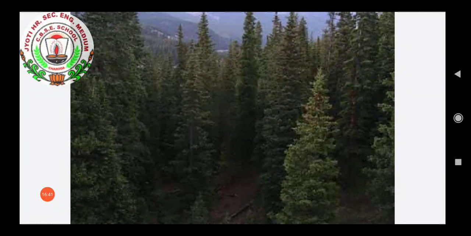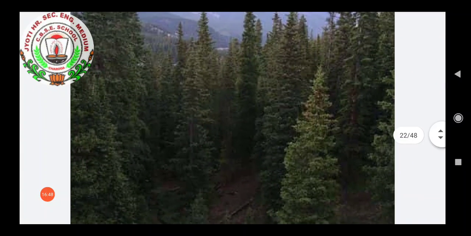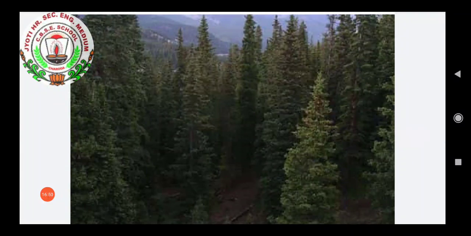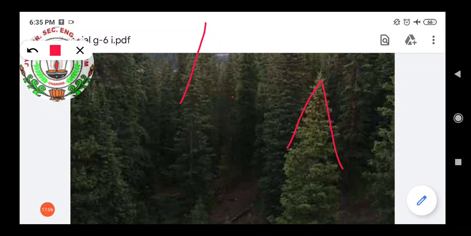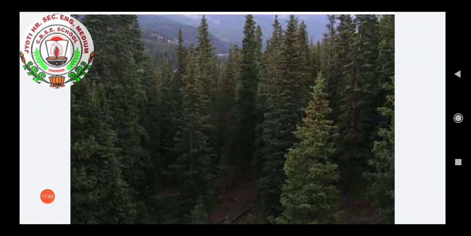First characteristic is that the coniferous forests are of evergreen variety, means always the trees will be green and they will not shed their leaf in any definite season. Second is, these trees are having a conical shape. Here you can see the picture. See, this is the conical shape.